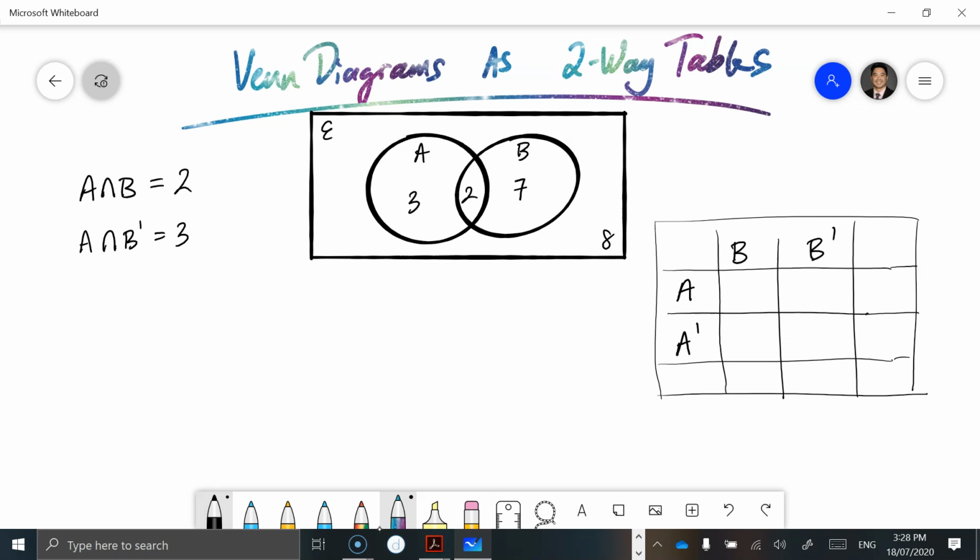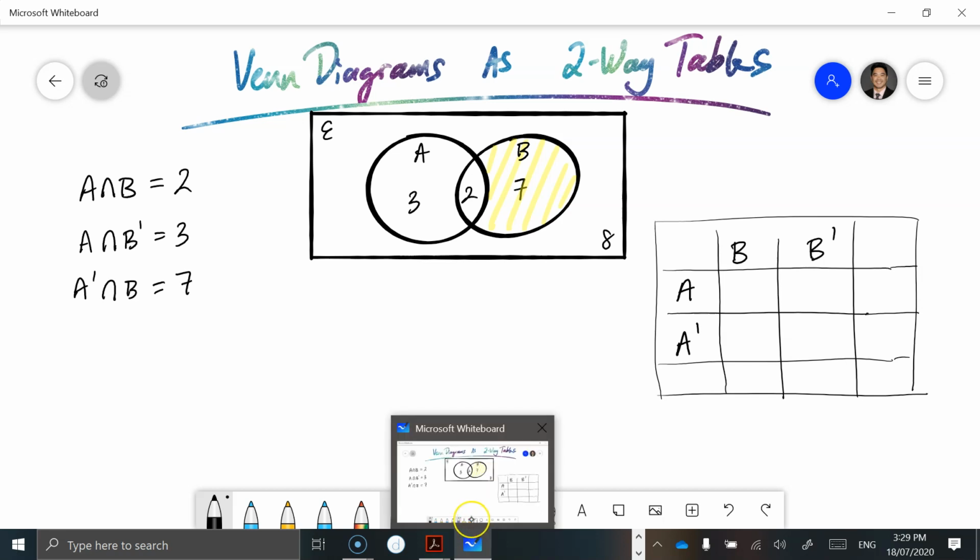If we wanted something that is not A, but intersects with B, then we're going to look at the opposite. We want everything that belongs to B and doesn't belong to A. So in this case, it is 7. Hopefully this is making sense at the moment.